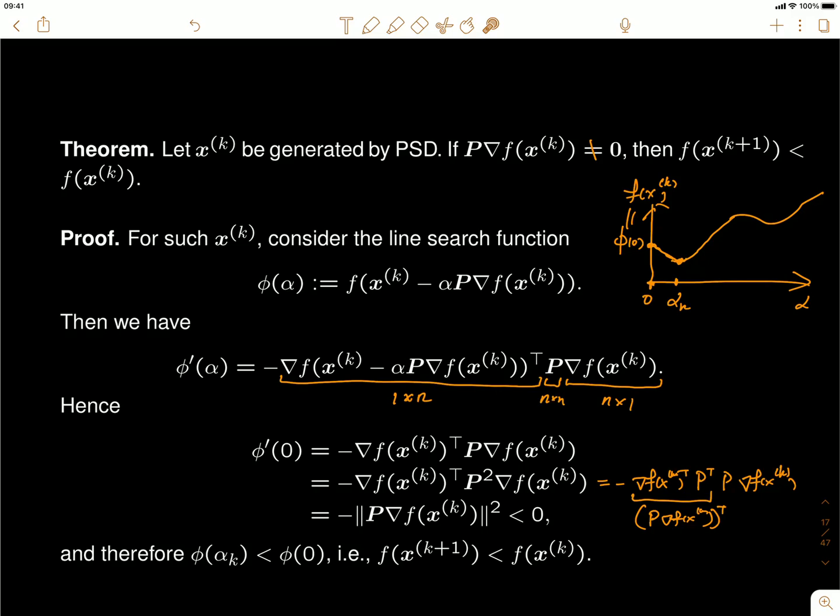Then plugging in alpha k, the result is the new point xk plus 1. And that shows that we can further decrease the function value.